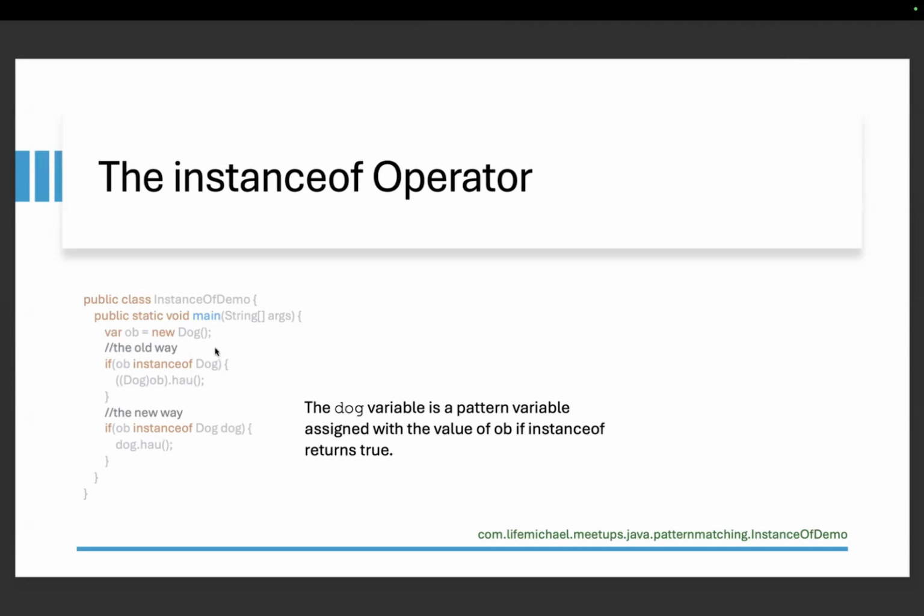The new way in Java will include a variable, a pattern variable. You see on the bottom, we have obj instanceof Dog, and then the variable itself, dog, meaning that if instanceof returns true, then the dog variable will be assigned with the reference for the object itself, and then we can use dog inside this block for calling the how method, for instance.